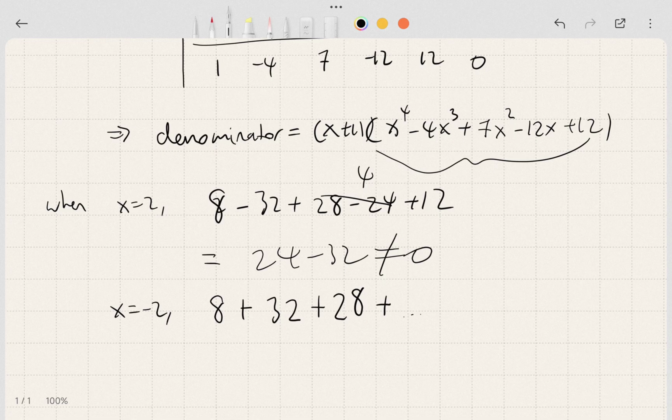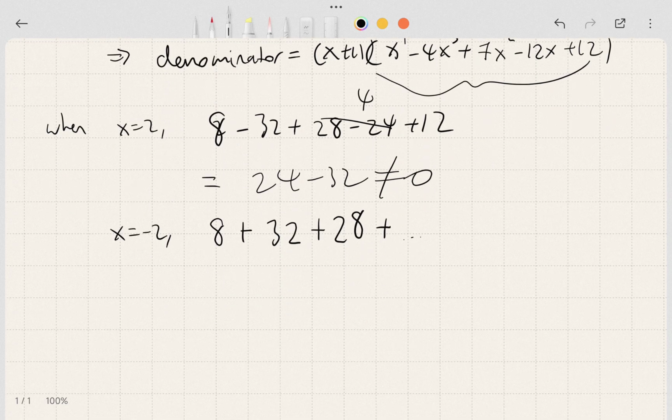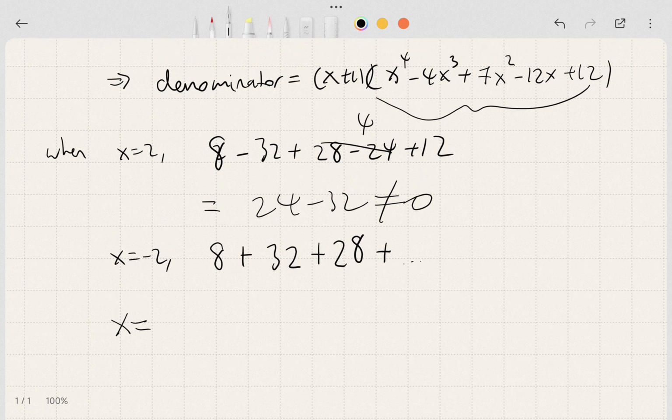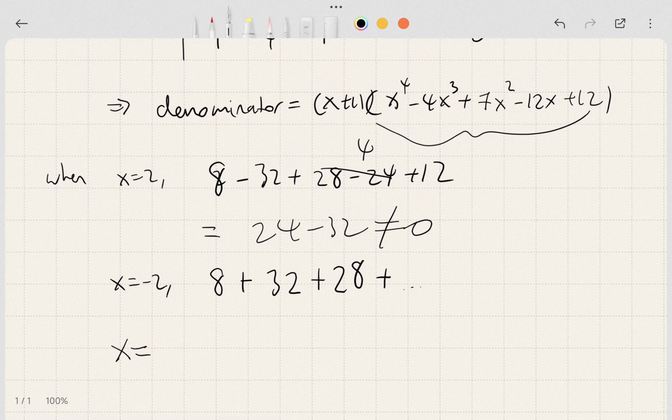So what about when x is equal to, let's say, a half or something? Would a half make sense?